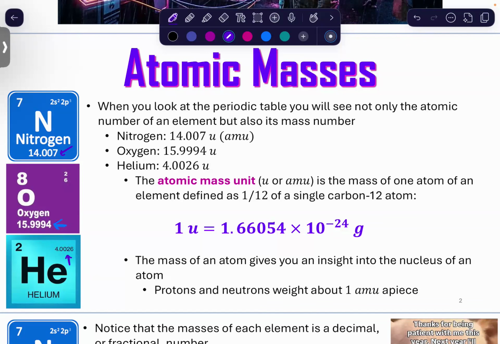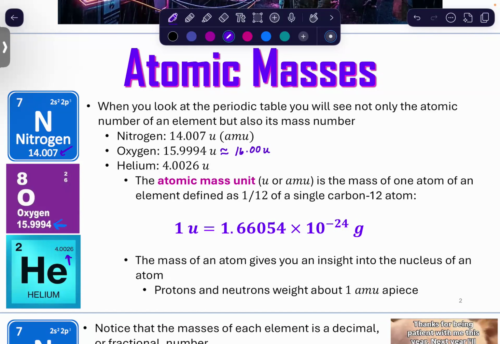Oxygen is 15.9994, 15.999 U. When you're doing your assignments, we usually approximate oxygen to about 16. Helium, you see, is about 4.0026 U. So this tells you the mass in atomic mass units of an atom of these elements.